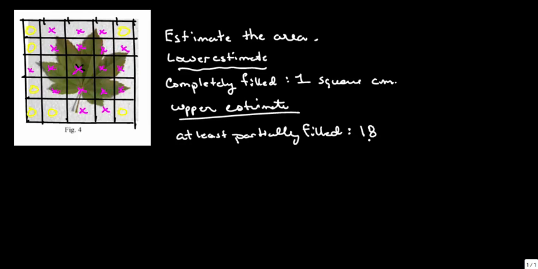So we might say an upper estimate for the total area that the leaf is enclosing here is 18 square centimeters. And so the true area, let's call that A, is somewhere between 1 and 18 square centimeters.